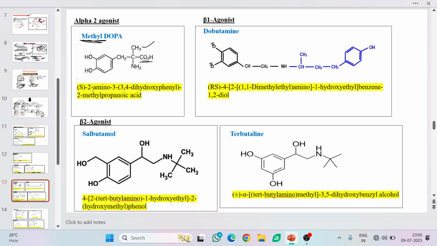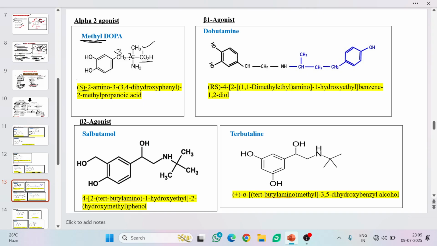So S in bracket, 2-amino. Numbering will start from the acid, because acid always comes with first priority. So 1, 2, and this is 3. The configuration of this carbon is S. This RS configuration is mainly used to give names to molecules which contain an asymmetric carbon.